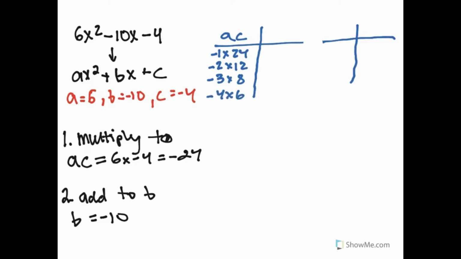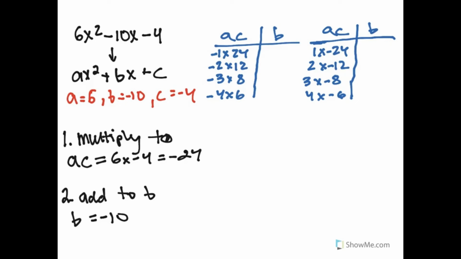And then I'm going to make a second table over here for the exact same factors, but we're going to put the negative on the other number. And then we're going to check our second rule and see which of the two factors add to b, which is negative 10.